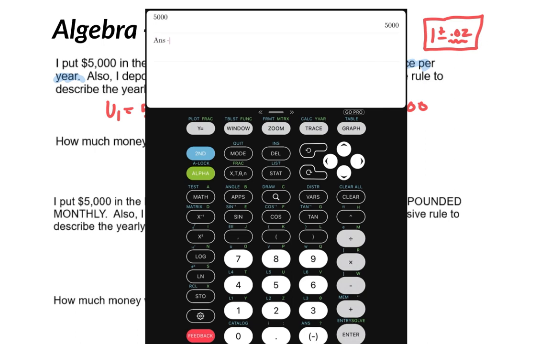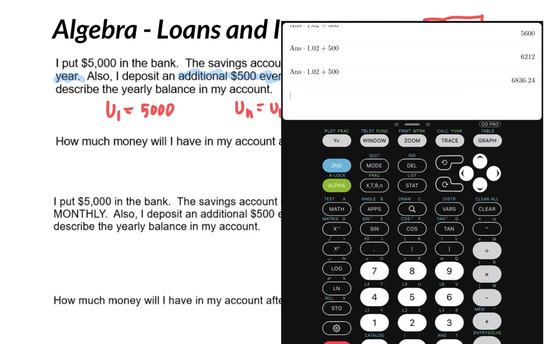We're going to take that amount and multiply by 1.02 and then add that $500. So here's after a year, 2 years, 3 years, there we are, $6,836.24. I'm going to just slide that over and write that down as my answer, $6,836.24.